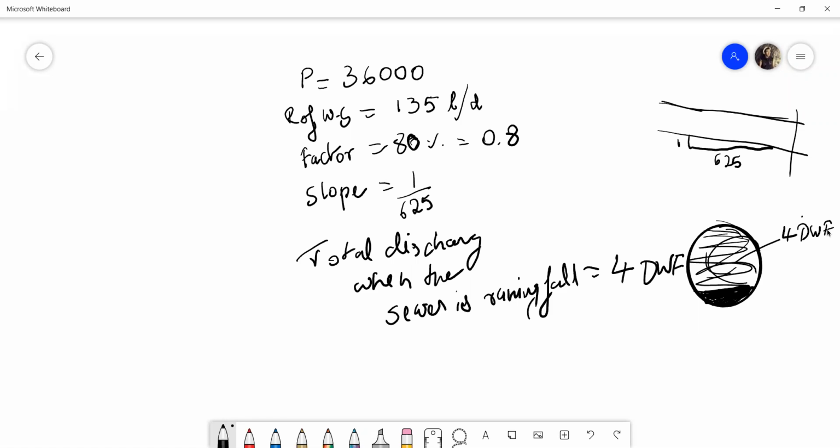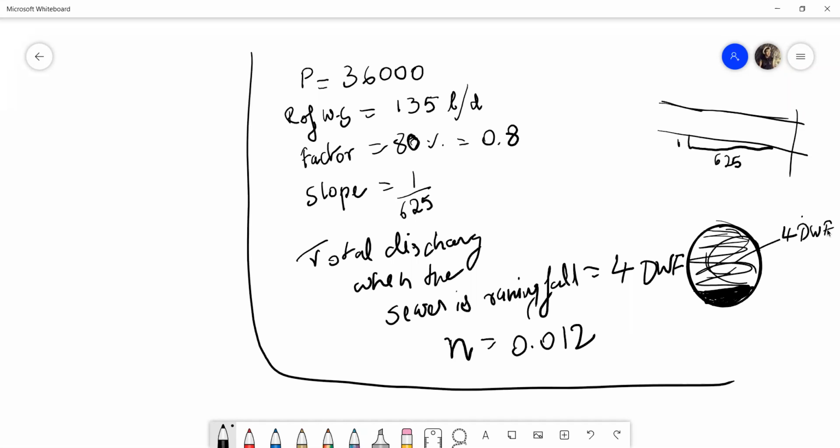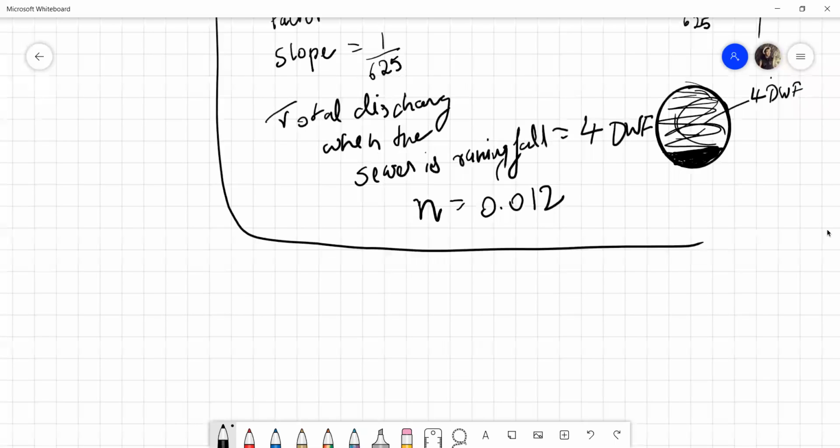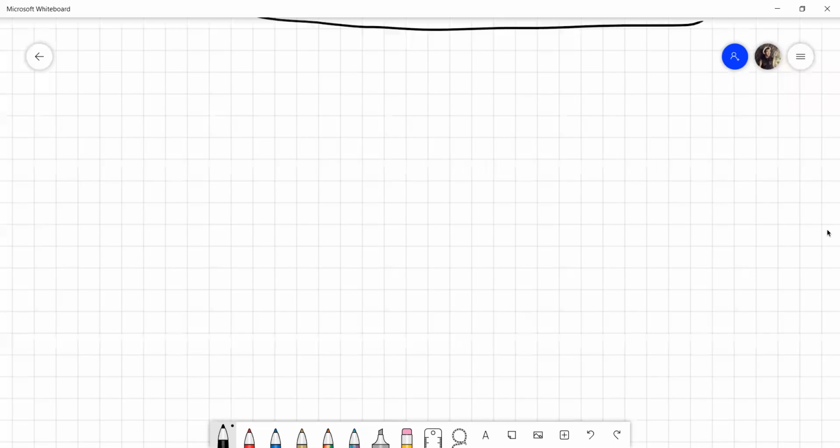And the last thing given is Manning's constant, N, equal to 0.1012. So these many things are given to us. Have you written this? Okay, so let us see how to solve the problem.